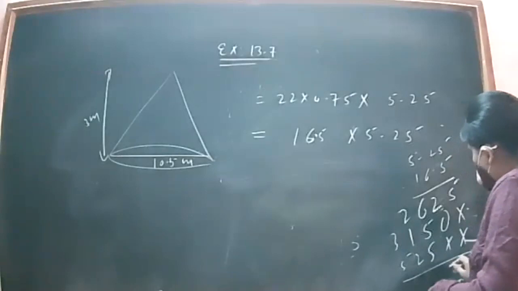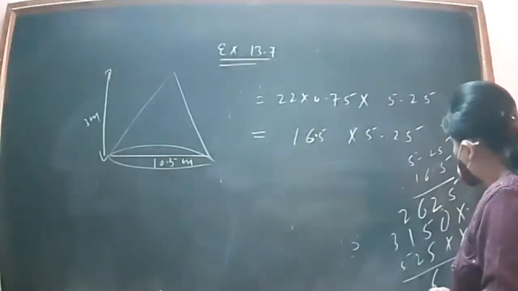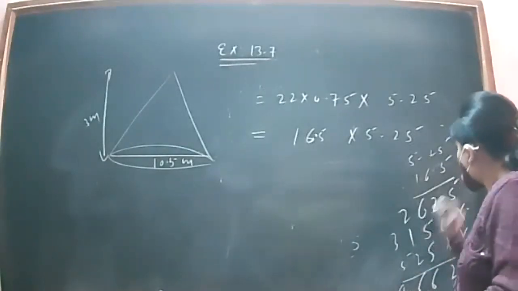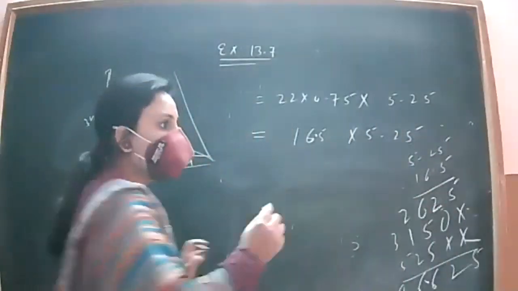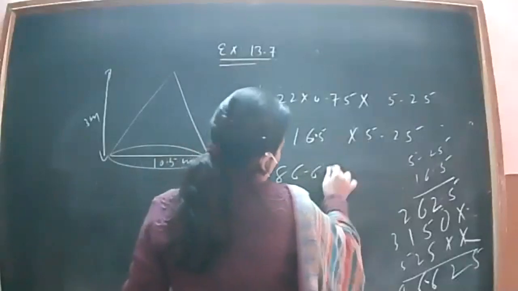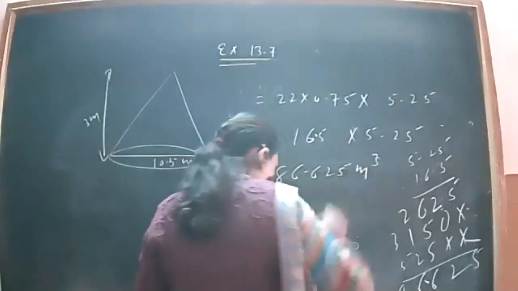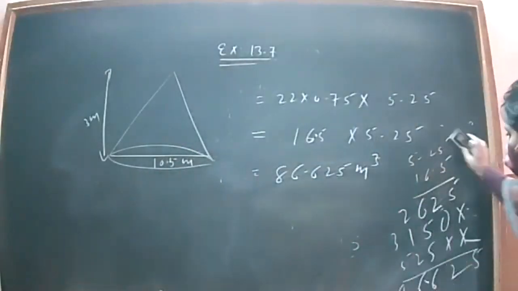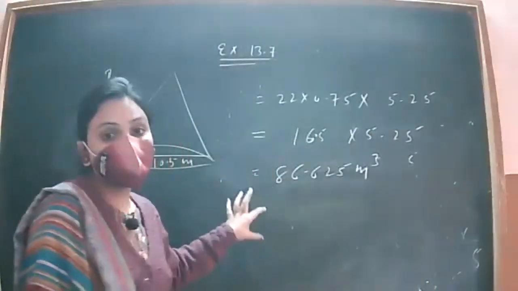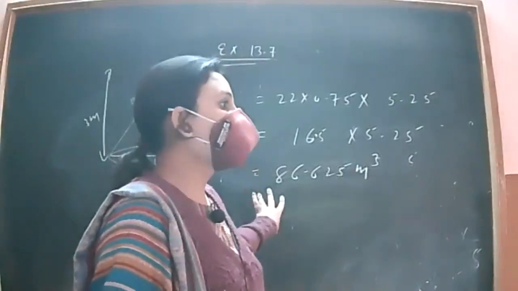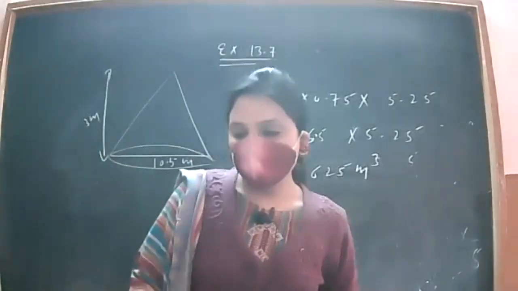So 86.625 meter cube will be the answer for this, right? Chaliye, let us start with the next part of this question. Please check the calculation while doing it on your copy once again, right?